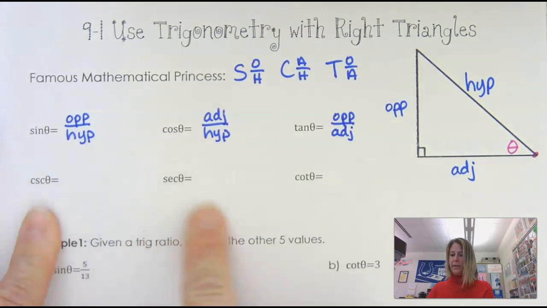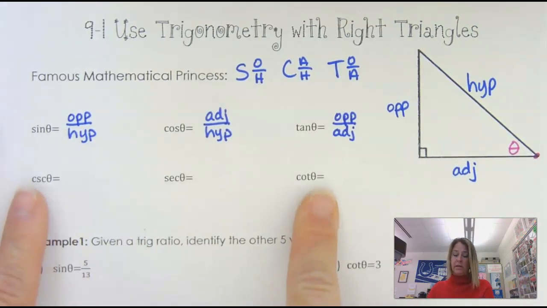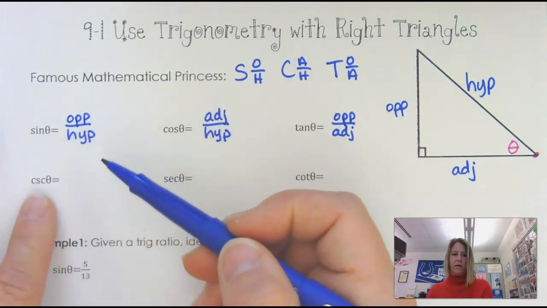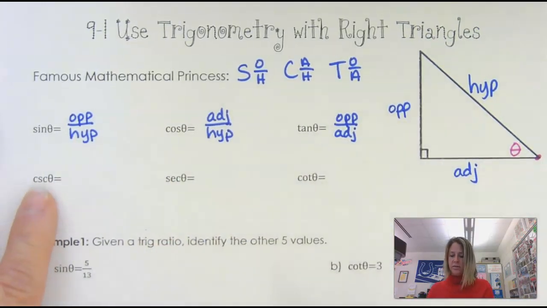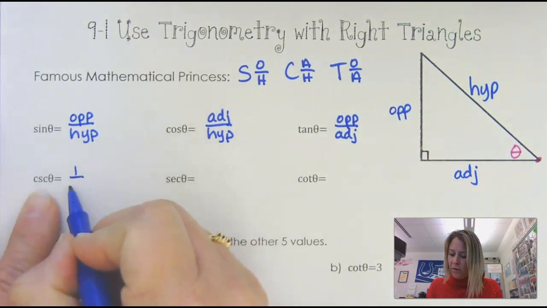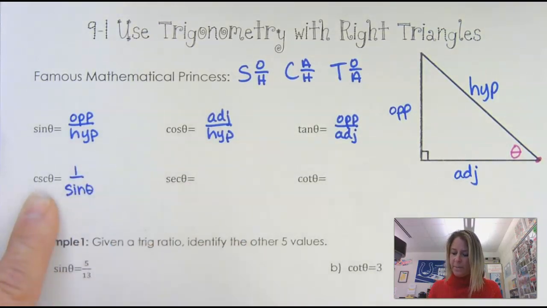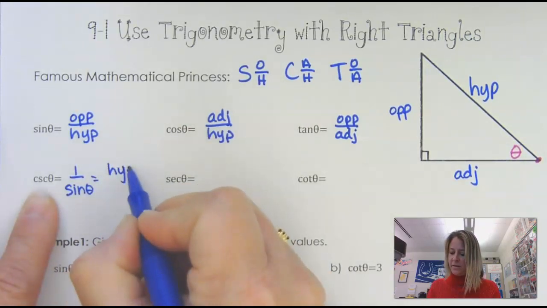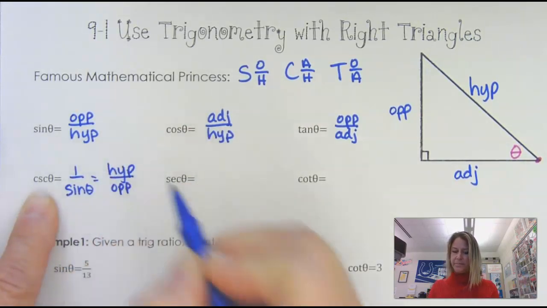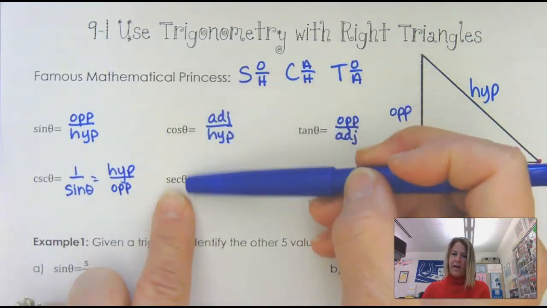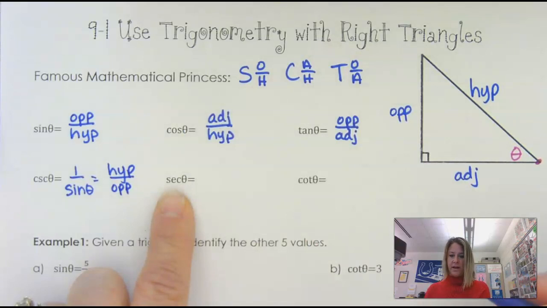Now, these probably look new to you. Maybe you've seen them, maybe you haven't, but these are just reciprocals of the sine, cosine, and tangent. So this one's called cosecant. That stands for cosecant. And this is really 1 over sine, or just flip this fraction. It's really the hypotenuse over the opposite. The next one is secant, and that is the reciprocal of cosine.